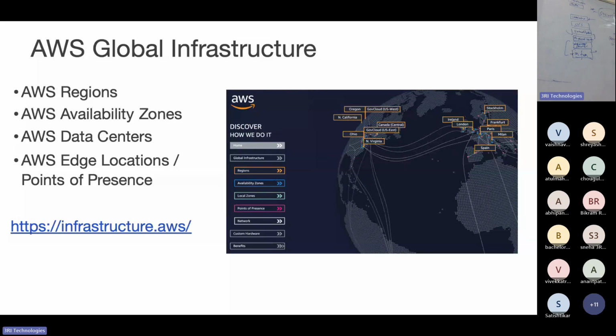So what is actually a region? When I started with this whole thing, they are going to host it here. That is going to happen in some kind of data centers. That means they are setting up a data center in this region, another data center in this region, another data center in this region, like this. Understood?